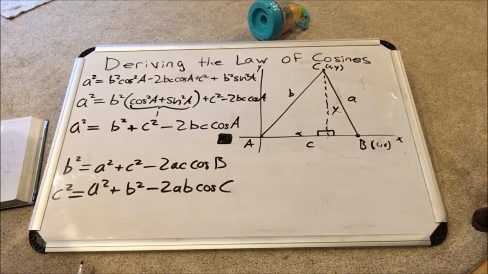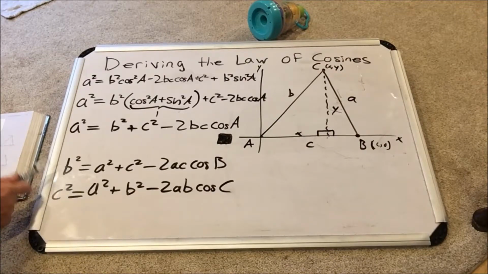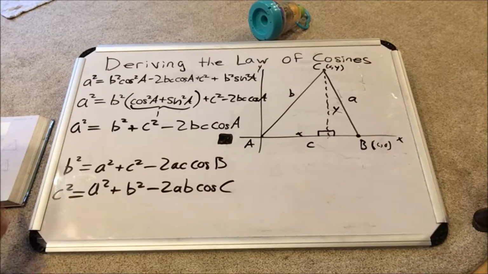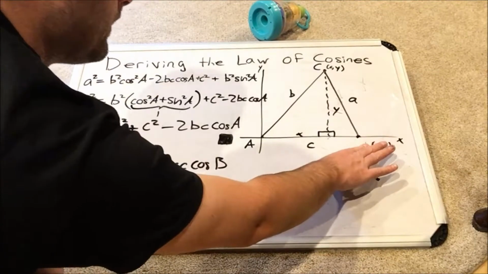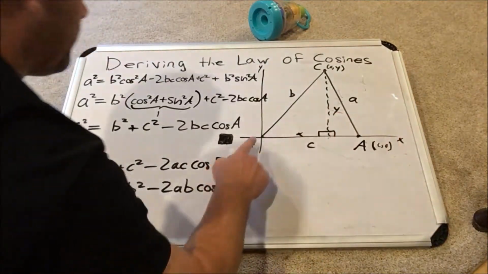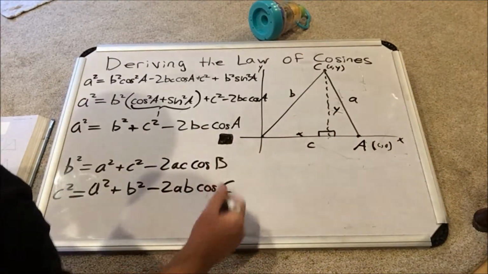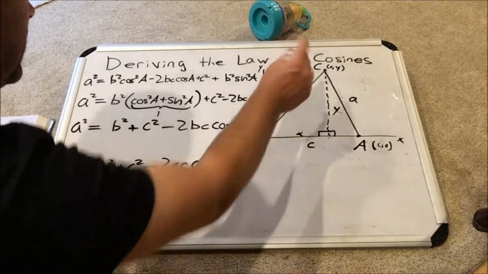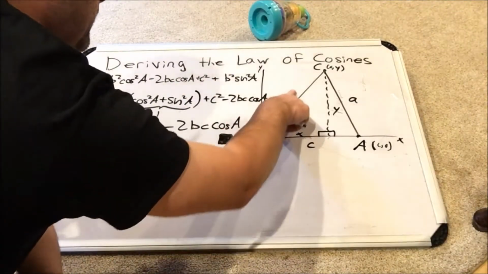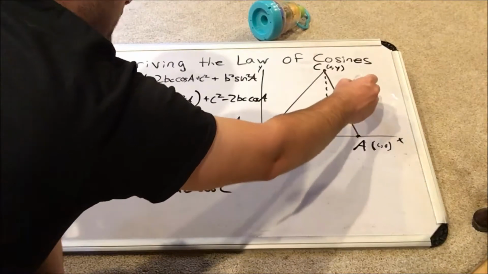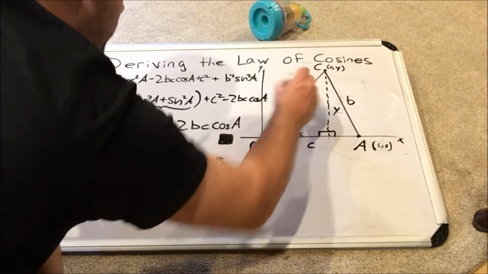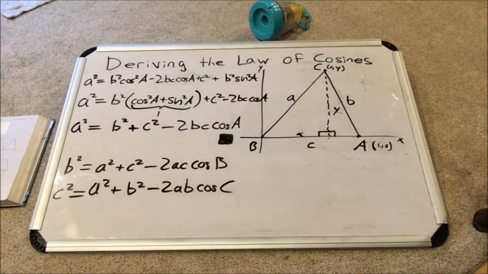So for instance, if I wanted to solve for and derive the middle one, I would relabel my sides like this. I would put angle A here, I would put angle B here. I would keep angle C at the top, and I would reorder these two sides as well, so that each angle and opposite side have the same letter.